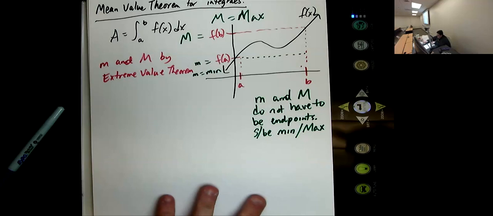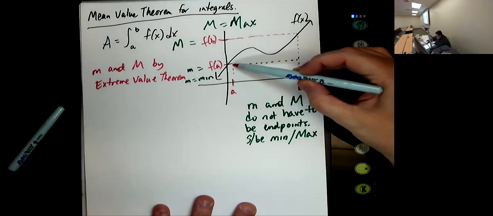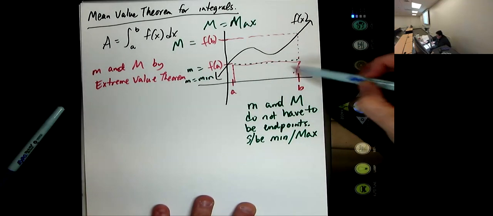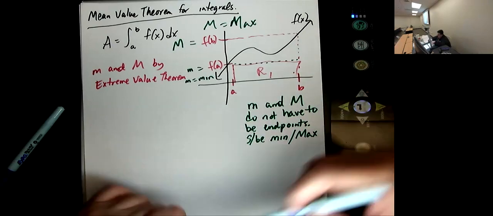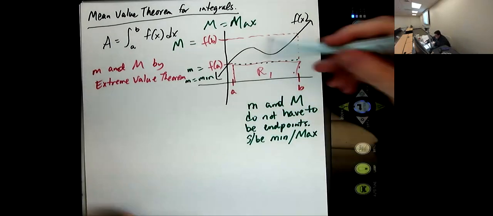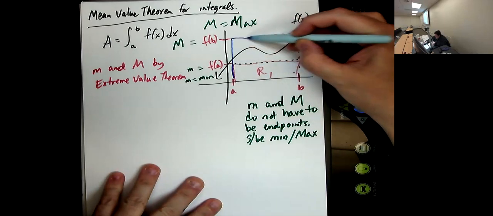So maybe I'll call this little rectangle here R1, and we'll make the big rectangle, if I go up to the top, R2.